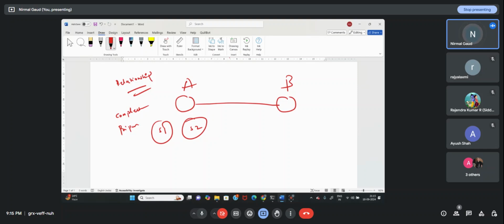You have directed and undirected graphs, weighted and unweighted graphs. You also have the directed acyclic graph, where you don't have any cycles. You use such concepts in operating systems to show process scheduling, compiler scheduling, all those things.